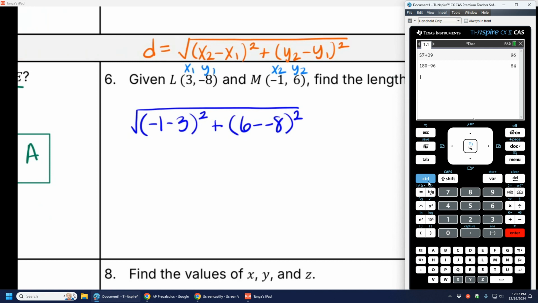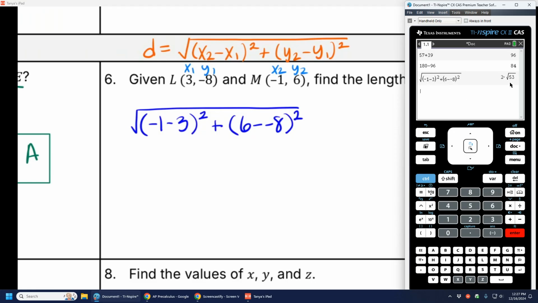So to get square root, you have to press Control X squared, and then make sure as you're typing that that line is getting longer. All of this needs to be inside of the square root. So I put 2 minus signs there to have the negative.